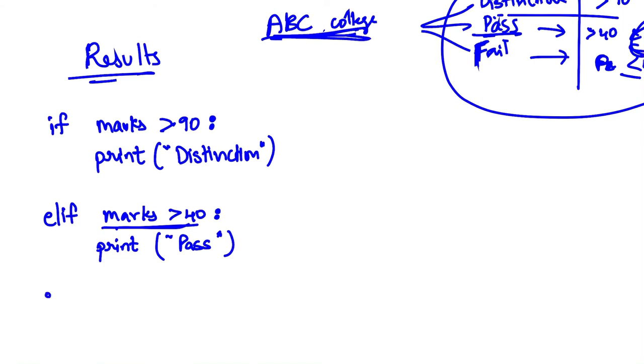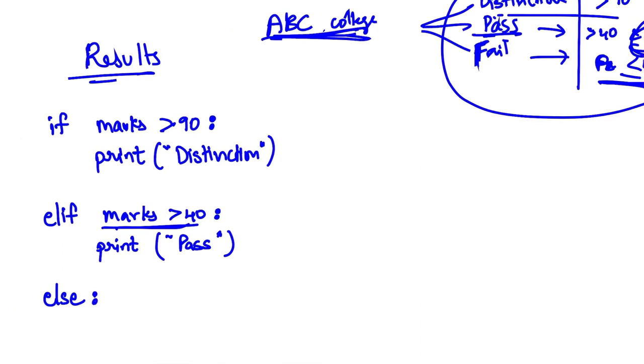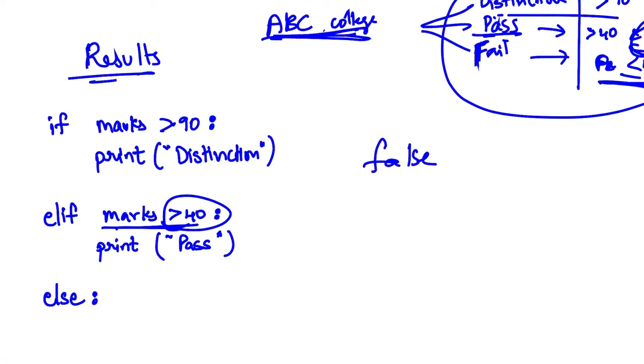The last one is else. We can put this argument, but there is no need to put a condition, as I have said, because until 40 it's covered in the above statement. It will come to this statement only if all the above are false, and then the program will run the else statement.